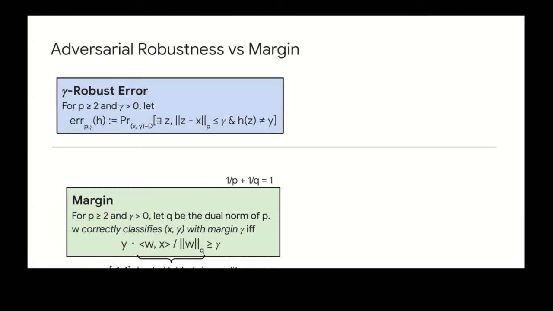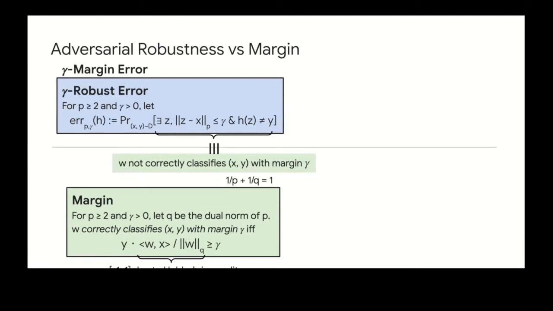Now, this is our gamma robust error that we defined from before. It turns out that the gamma robust error is exactly equal to the probability that W does not classify (X, Y) with margin gamma. So in this sense, we will sometimes use the word gamma margin error in place of gamma robust error.